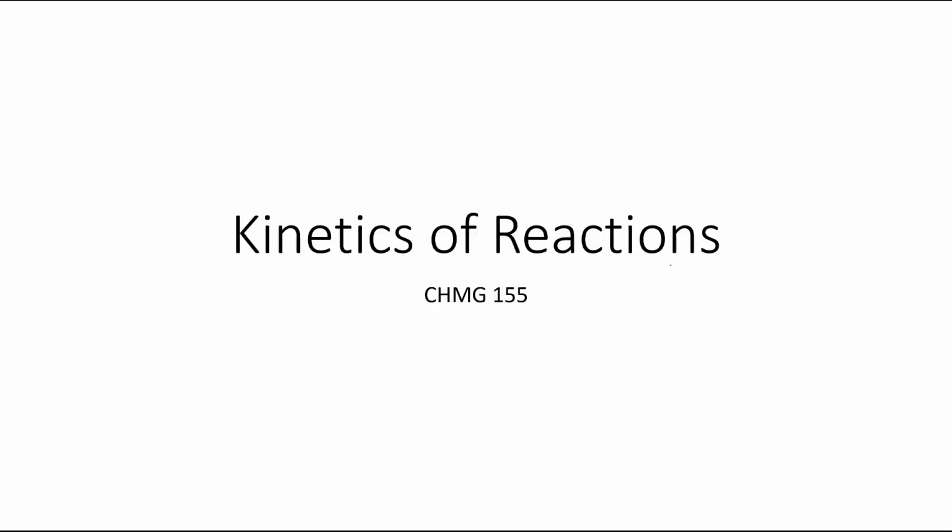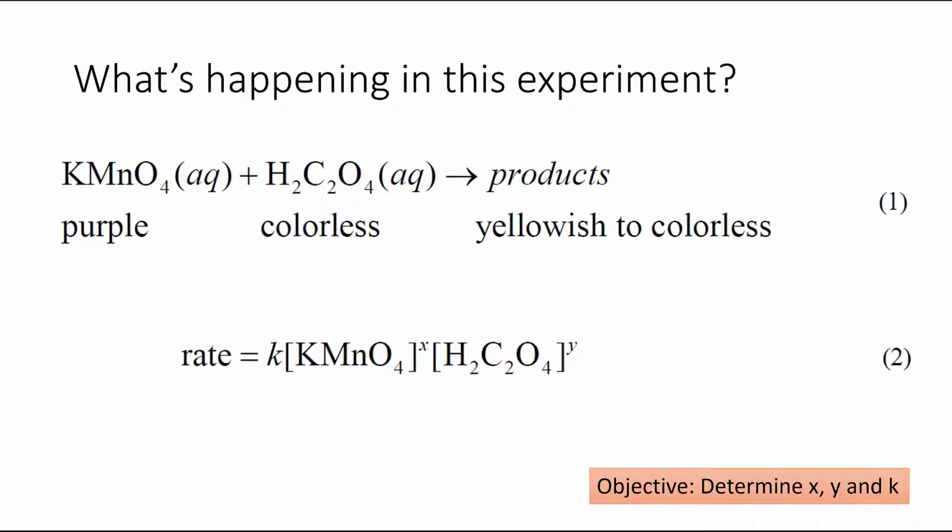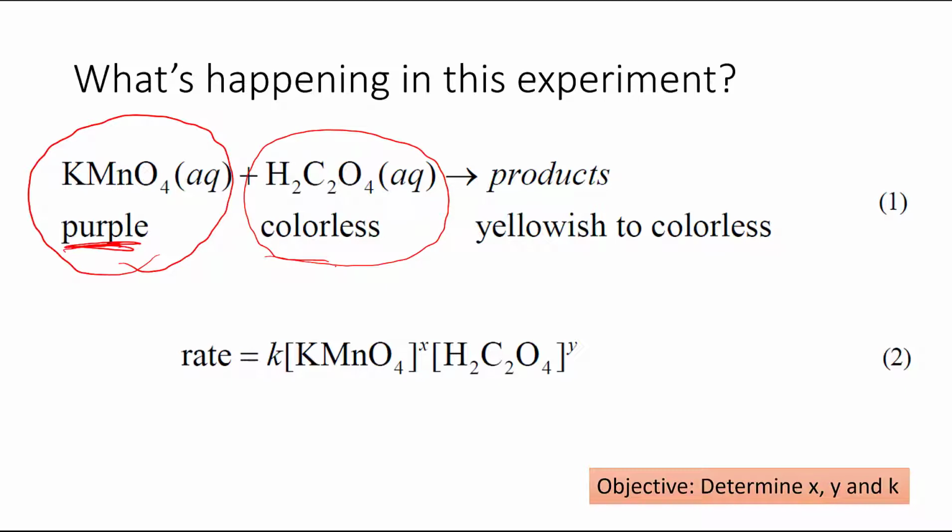The topic of the class is the kinetics of reactions experiment. So what's happening in this particular experiment? Well, as I mentioned in my introduction, we're starting with this potassium permanganate solution, which is a purple color. We're going to add this solution to a mixture of oxalic acid, which is colorless, and that oxalic acid, by the way, is also diluted down with some water.